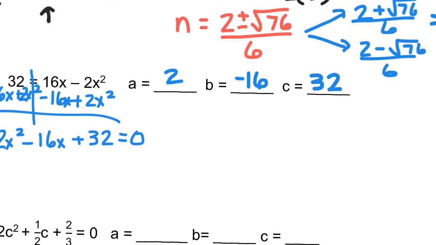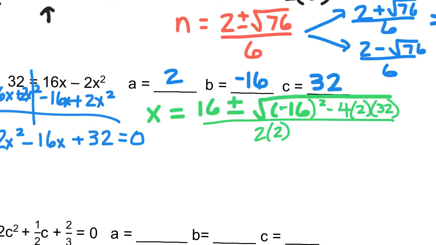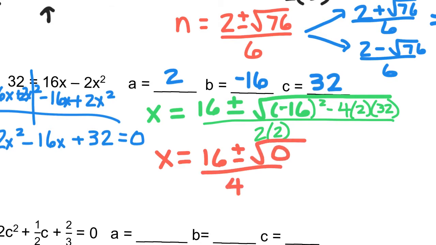Please pause the video here as you substitute a, b, and c into the quadratic formula. Once we substitute and we solve underneath the radical, we see that we have 16 plus or minus the square root of 0 over 4.